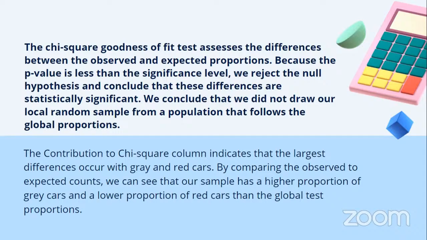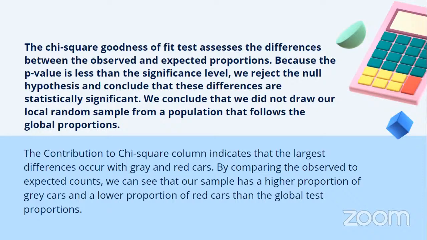The chi-square goodness of fit test assesses the differences between the observed and expected proportions. Because the p-value is less than the significance level, we reject the null hypothesis and conclude that these differences are statistically significant.